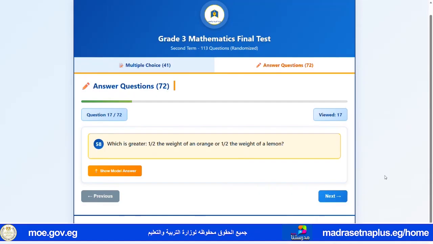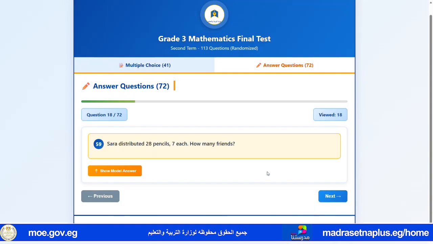Compare between fractions. Which is greater, half of the weight of an orange or half of the weight of a lemon? Lemon and orange. Which is greater, orange or lemon? Orange. So half of the orange is greater than half of a lemon.